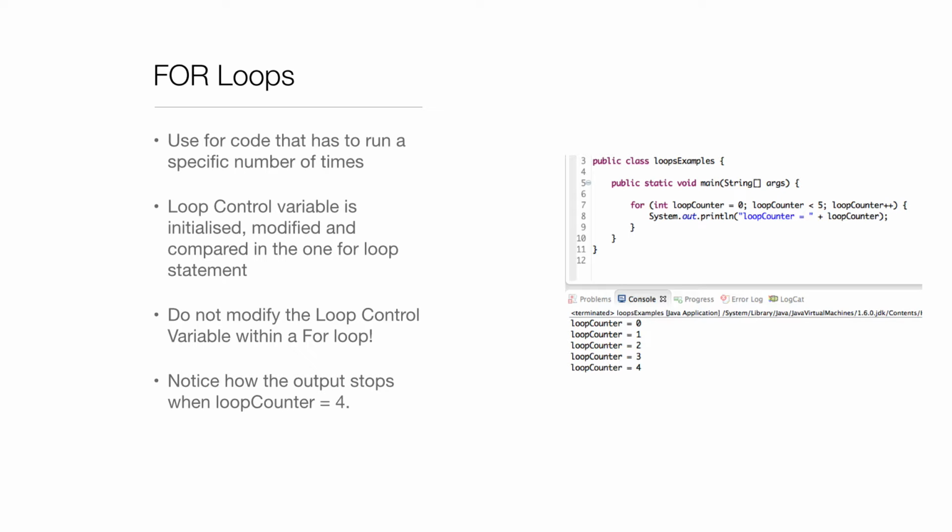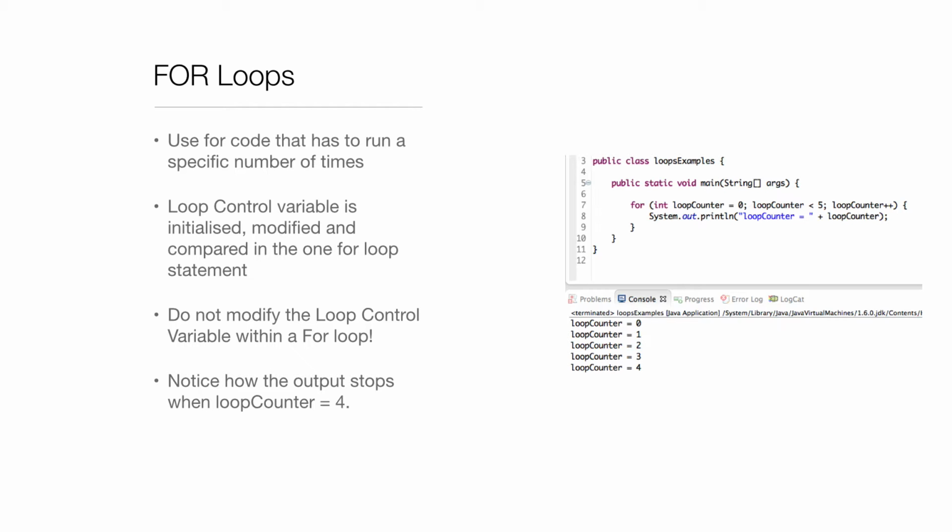Now, Java gets to the close bracket on line 9, goes back to line 7 and looks at the modifying code, which is loop counter plus plus. Loop counter was 4, it now adds 1 and becomes 5. Then Java checks the condition, loop counter less than 5. Now that's false, because 5 is not less than 5.